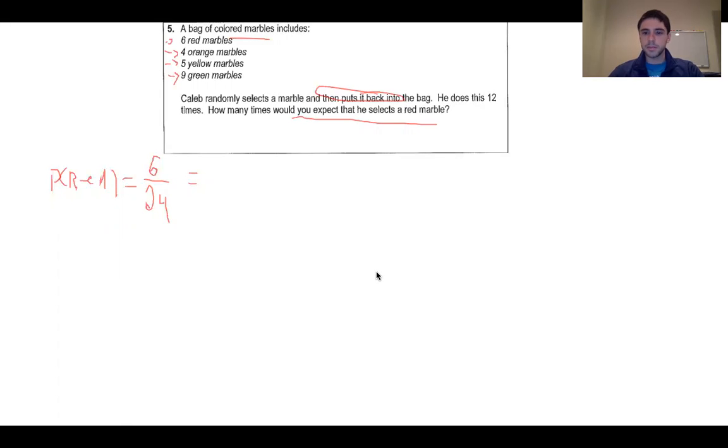What are we going to set this equal to? Not quite the total. We're looking for, he does this 12 times after he puts it back in the bag. So how many times do we expect he selects a red marble?